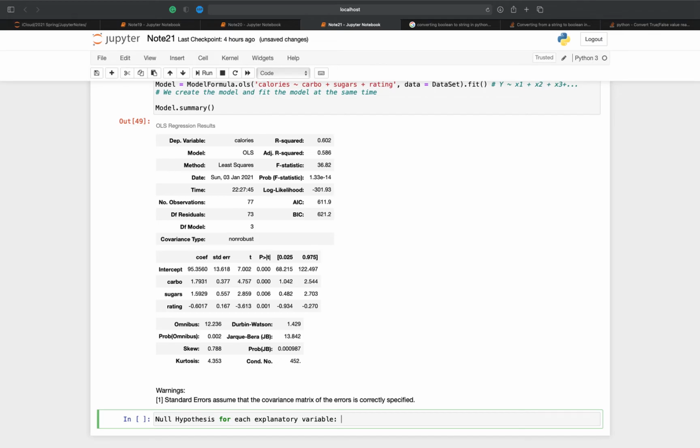So the null hypothesis for each of these says the coefficient is equal to 0. What happens if I reject?